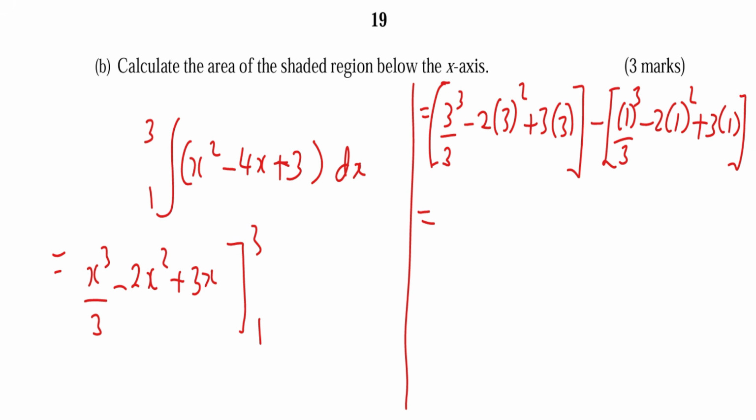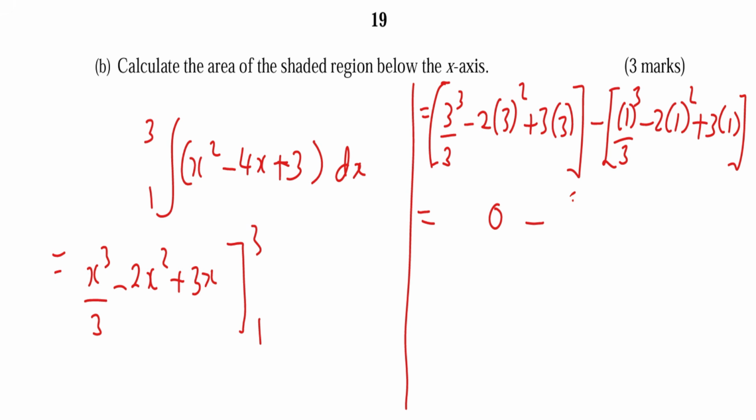Each one gives you a different answer. So 3 cubed divided by 3 minus 2 times 3 squared plus 3 times 3, which is 9, gives me 0. Am I correct? It gives me 0. So it is all 0.